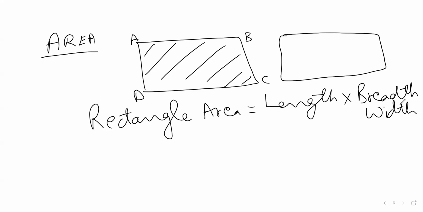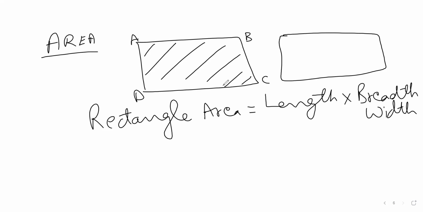Now how do we find the area of a square? Area of a square is also length into breadth, but because both the sides are the same, it becomes 2 times. In a square, what is the condition? Both the sides are the same, right?